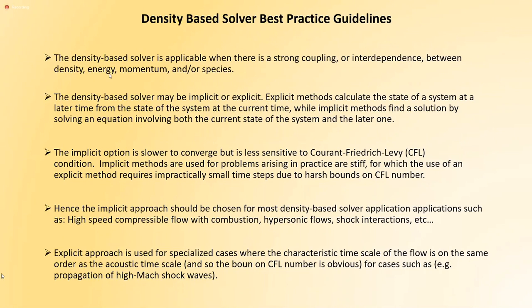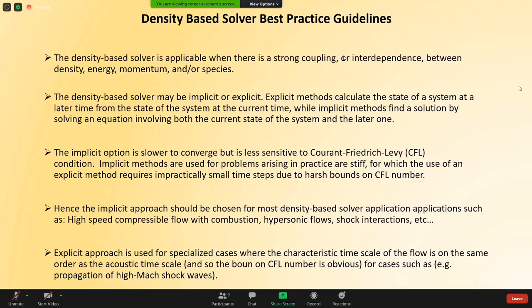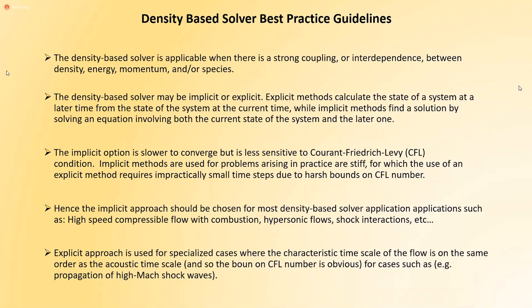The density-based solver is applicable when there's strong coupling, I mean, when there's a hard thermodynamic issue, maybe shock boundary layer interaction or high Mach flow where the chemistry changes, and you need to solve all of this together. There are explicit methods, implicit methods. Everybody knows the difference between explicit and implicit.